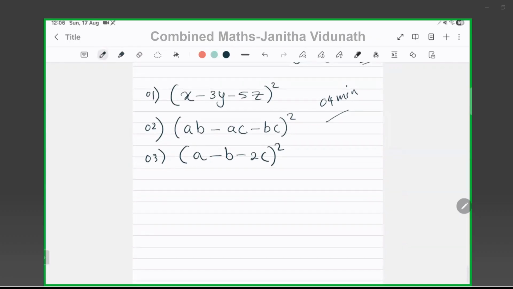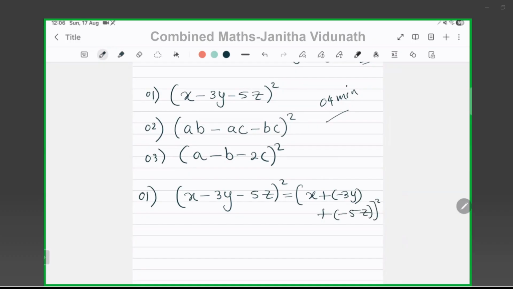I will do this question. First one is (x - 3y - 5z) whole square. Then we write this as (x plus minus 3y plus minus 5z) whole square.